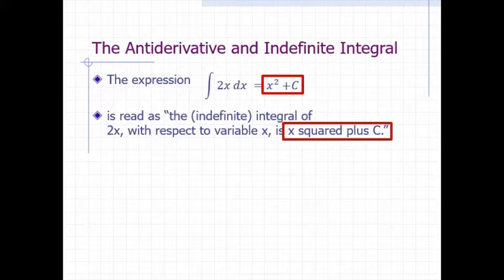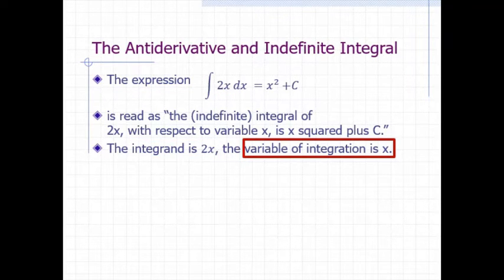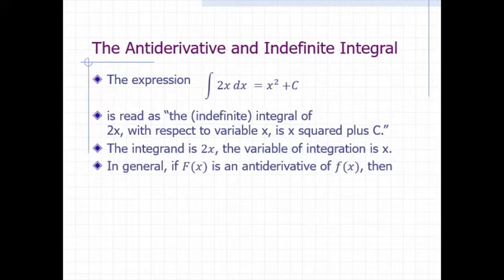Here we can say that the function 2x is the integrand, and we refer to x as the variable of integration. As mentioned earlier, c is an arbitrary constant. It's quite common in textbooks to generically represent the integrand by lowercase f and the antiderivative as uppercase F. So in general, we can say that the indefinite integral of small f with respect to x is big F plus c.